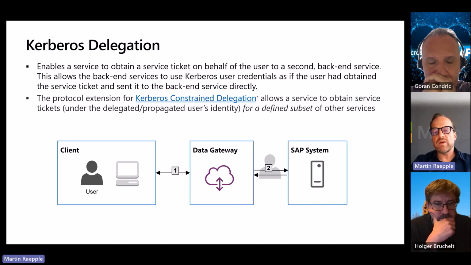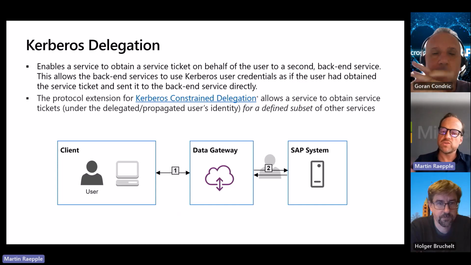That data gateway is then able to obtain a new ticket from the key distribution center, so Active Directory, for example, to act on behalf of that user at the client to call another downstream service, such as an SAP system.